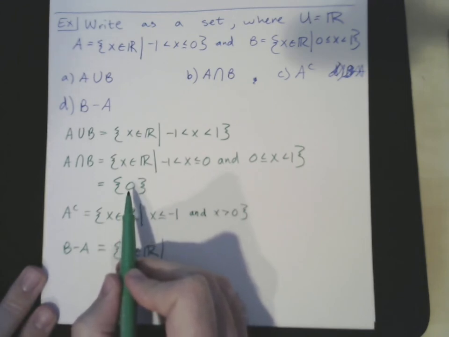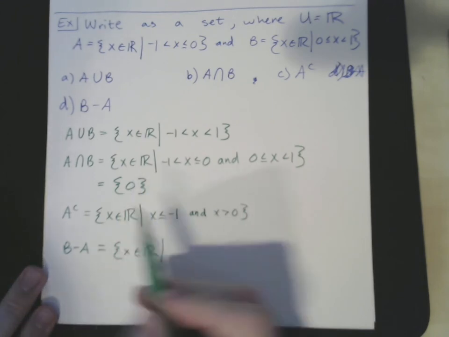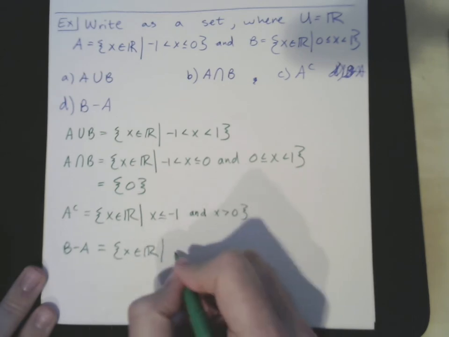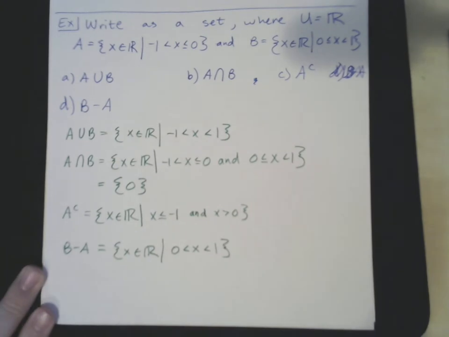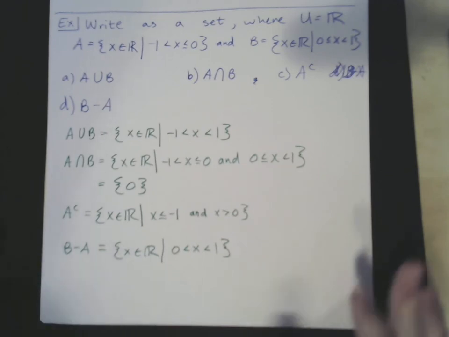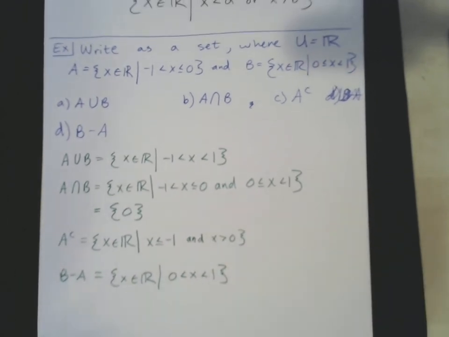So since we only have 0, this is 0 less than x less than 1. That's our set. So just some problems with set things in the homework. You'll have to build some sets like this.